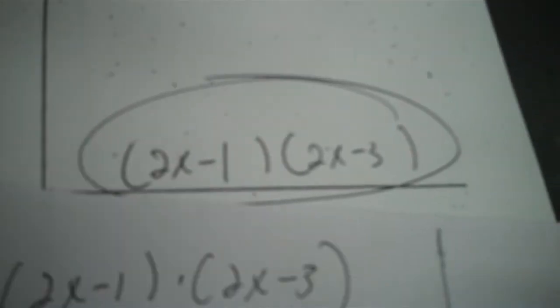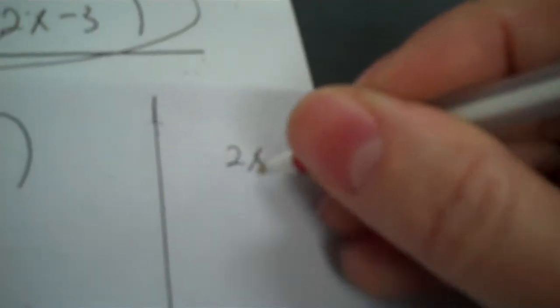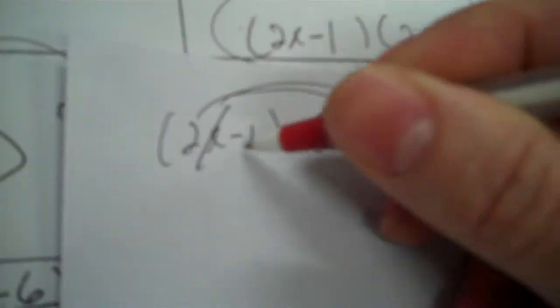Okay. Now, you want me to prove that that's correct? Okay. Well, 2x to 2x, 2x to negative 3. Negative 1 to 2x, negative 1 to negative 3. So that's going to be 4x times x, x second.